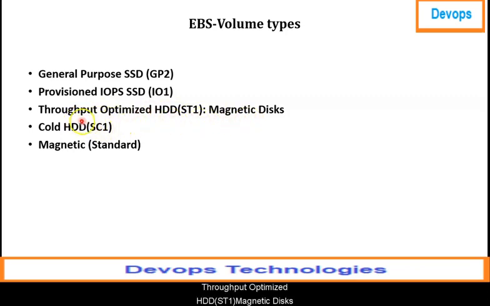This volume will be used for sequential data that is frequently accessed, like big data, data warehouse, log processing, etc. It cannot be the boot volume. Fourth type is cold HDD, SC1, which has the feature of lowest cost storage for infrequently accessed workloads, file server. It cannot be the boot volume. Fifth type is magnetic standard. It is bootable and used for infrequently accessed data.